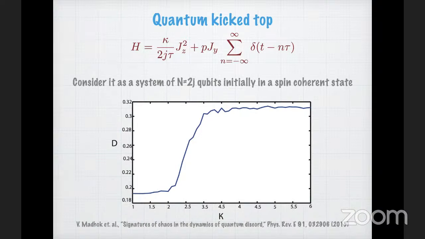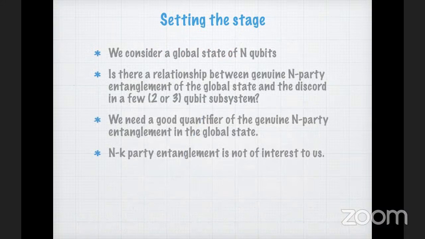So when the system does become classically chaotic, one expects that there is overall n-party entanglement spread across the n qubits that form the quantum kicked top. So essentially, kappa becomes a placeholder for the amount of global entanglement in the system. And we see that when it becomes as high as it can be, when the system becomes fully chaotic, the corresponding subsystem discord also goes up considerably and substantially.